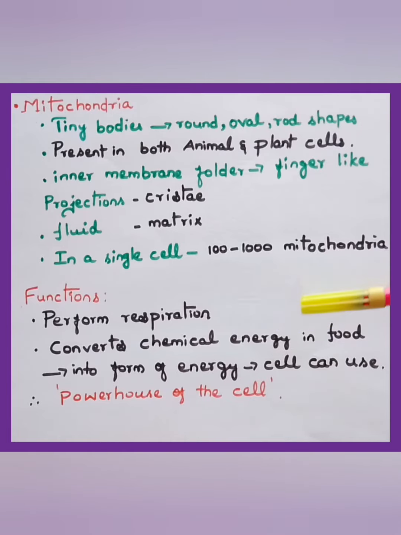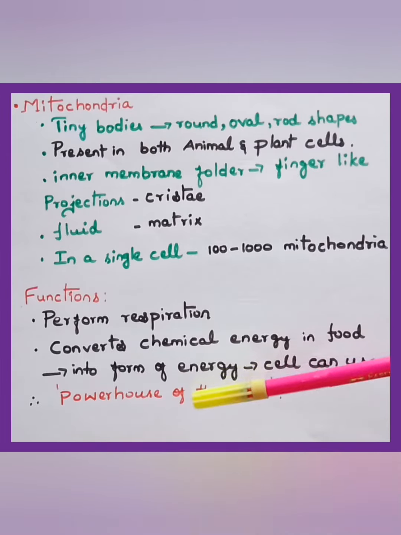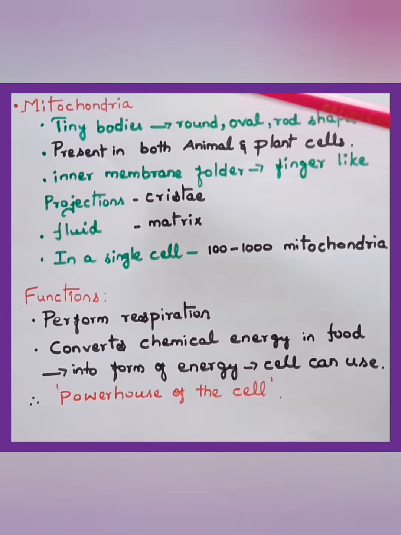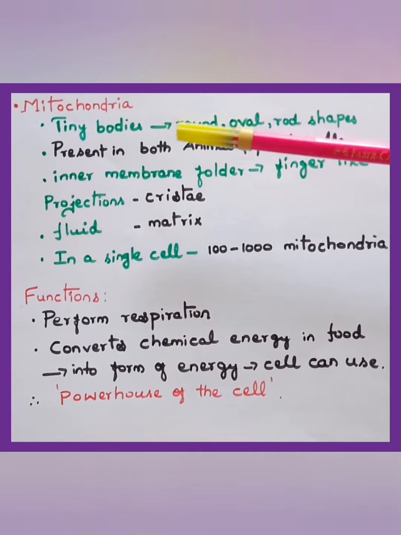Cell needs energy to perform the function, right? So that energy is given by the mitochondria by converting the chemical energy present in the food into a usable form of energy. Hence, mitochondria are called the powerhouse of the cell. Very important, they may ask multiple choice questions. Okay, powerhouse of the cell are mitochondria. Mitochondria is the plural form of mitochondrion.